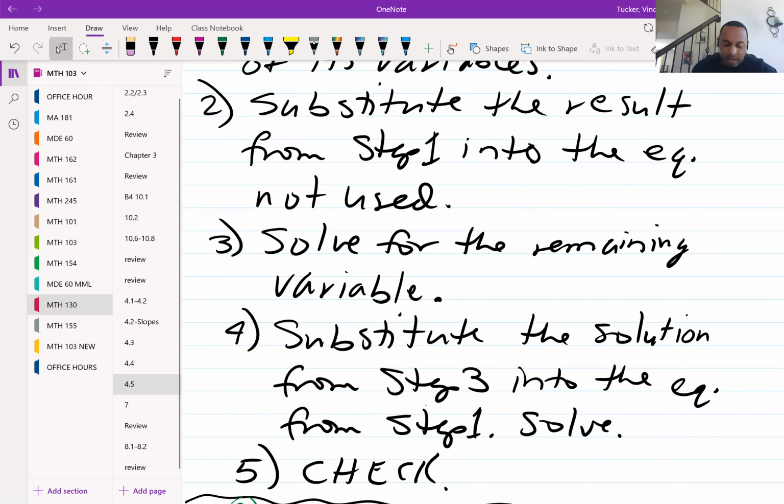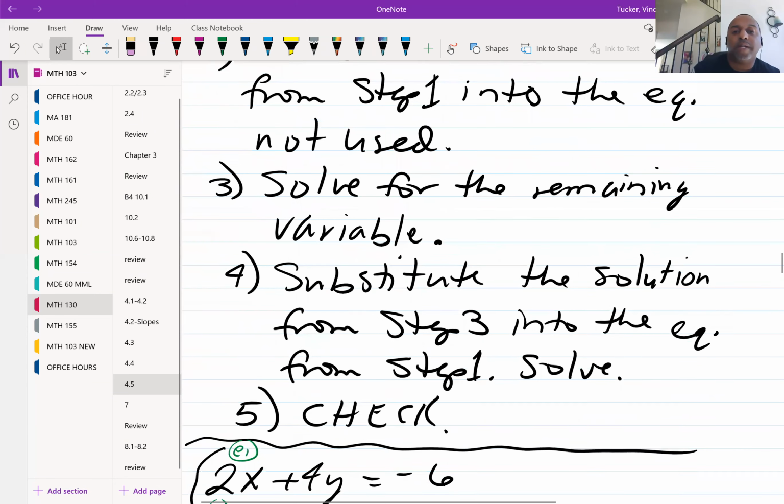Solve, and then step 5, final step is always check. All right. Ready to try this out? Am I still copying the steps?